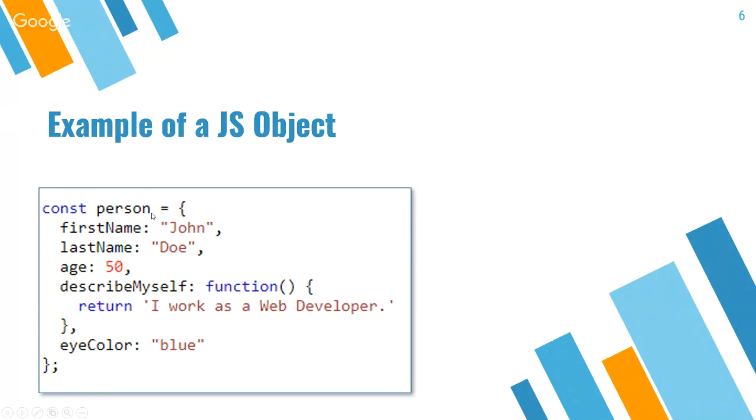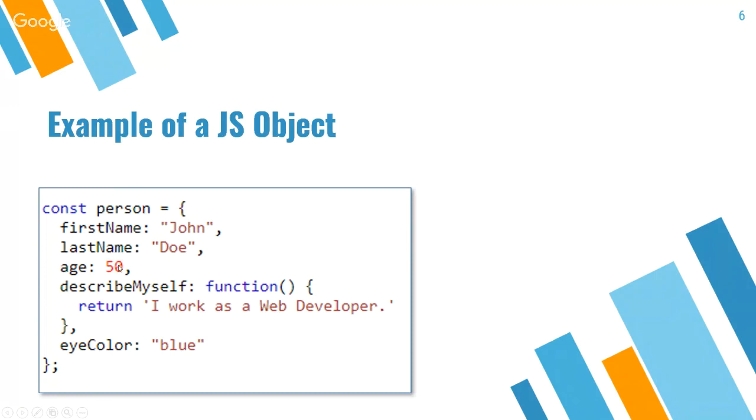Then we put a dot at the end, and we access the value by typing out the key here. So if we want to access John, we type person dot first name, and that gives us John.